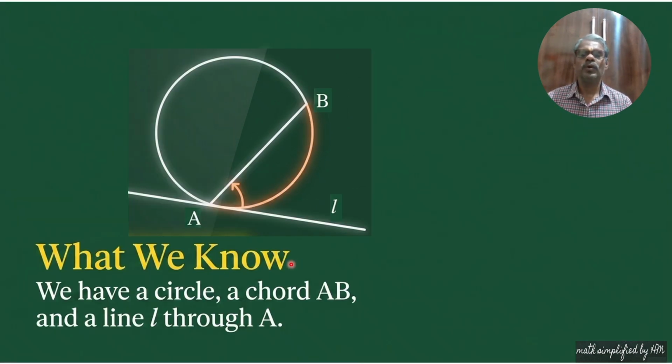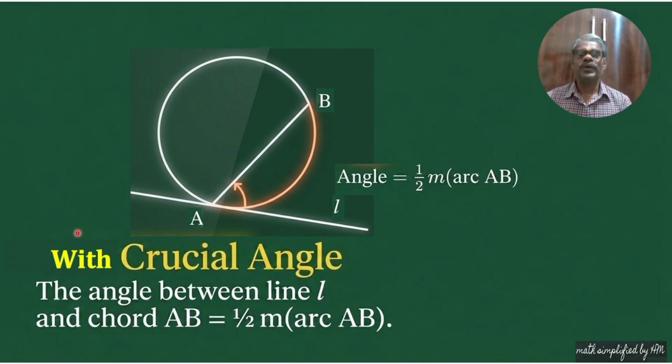What we know: we have a circle with chord AB and a line L through point A, with the crucial angle: the angle between line L and chord AB is equal to 1/2 the measure of arc AB.